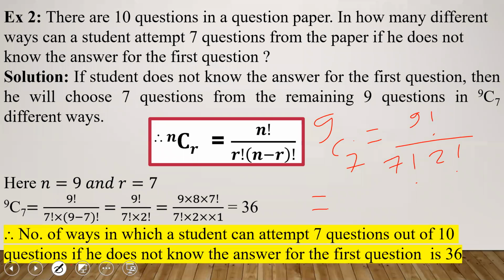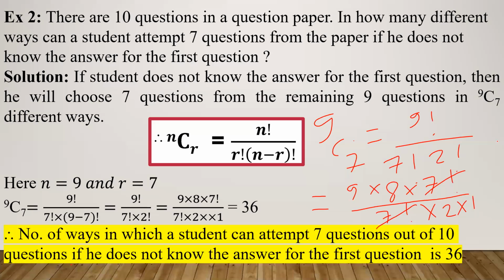Now 9 factorial is 9 into 8 into 7 into 6 into 5 and so on up to 1. I need not write that; in place of that, I can write 9 into 8 into 7 factorial. In the denominator there is 7 factorial, and 2 factorial is 2 into 1. This 7 factorial and this 7 factorial will get cancelled. So 8 into 9 divided by 2. 2 ones are 2, 2 fours are 8. So 9 into 4.